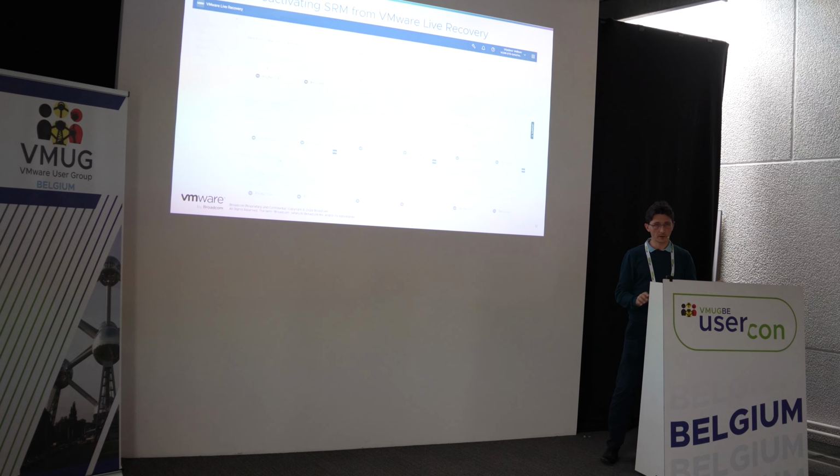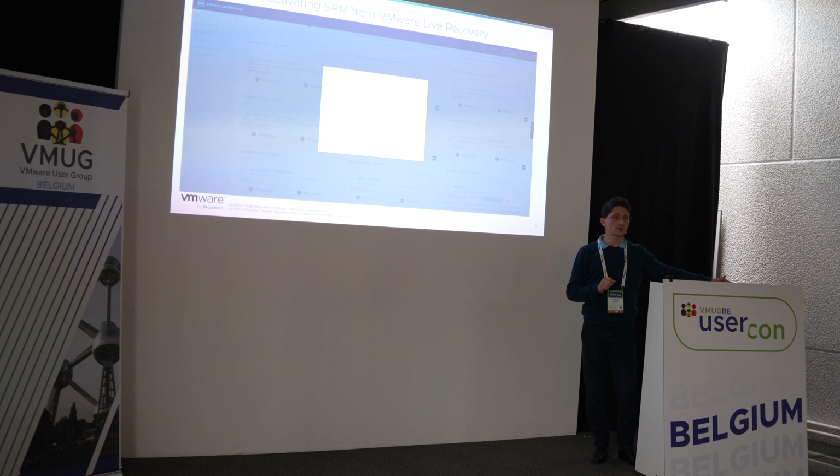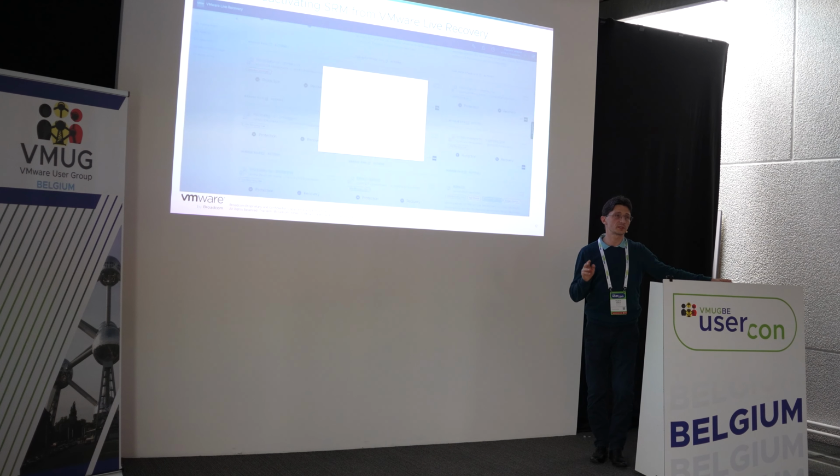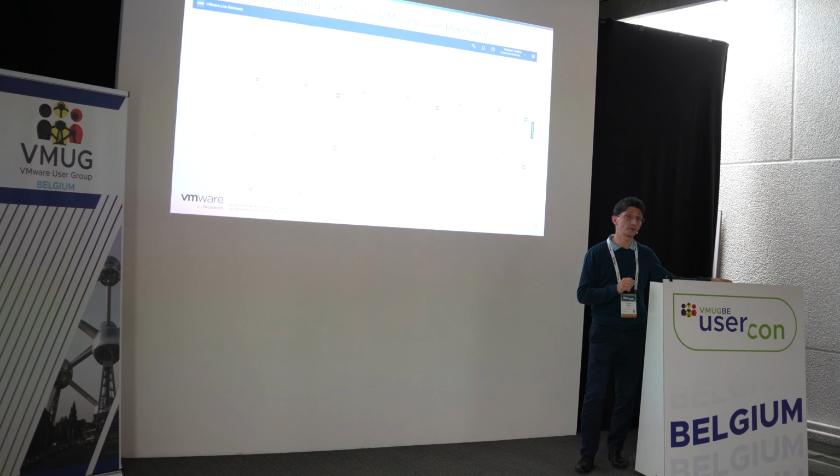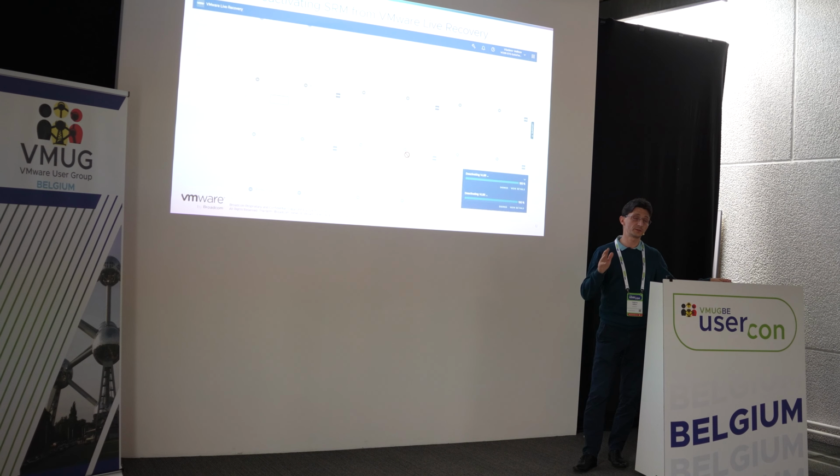Now, an interesting aspect, if your SRM agents haven't reported in a while, exactly 30 days, they will get into a degraded mode. And after 60 days, it will be suspended mode. So at this point, some features of SRM will stop working.